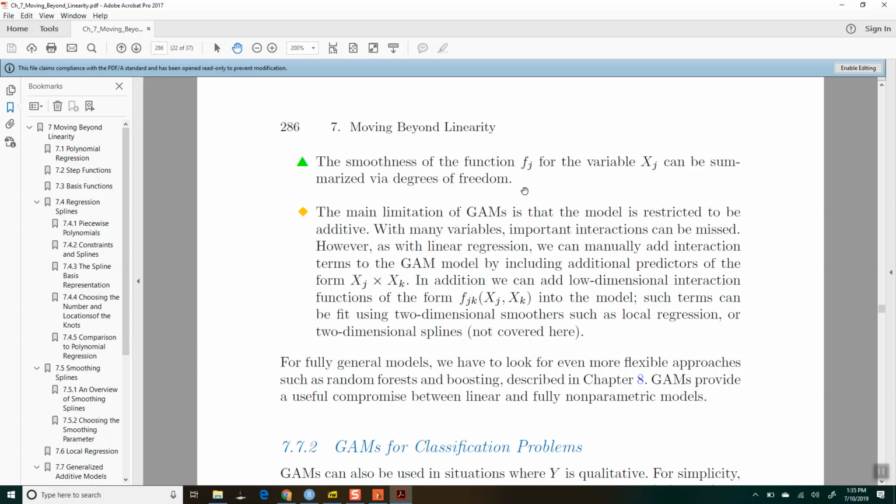Smoothness can be summarized via degrees of freedom. The limitation with GAMs is that we are restricted to additive models. So at the forefront, interactions will not be included. Now, you can manually include an interaction term.